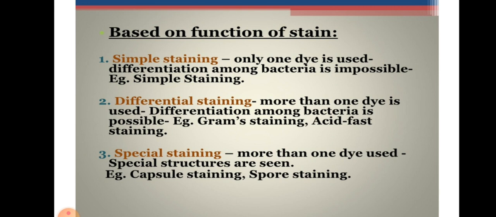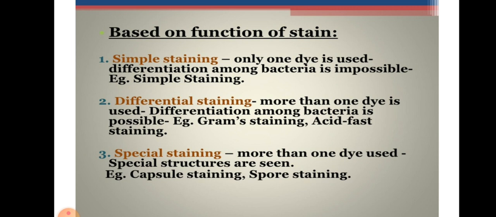Based on the function of the stain, staining techniques can be classified into three types: simple staining, differential staining, and special staining. Simple staining is a method where only one dye is used.